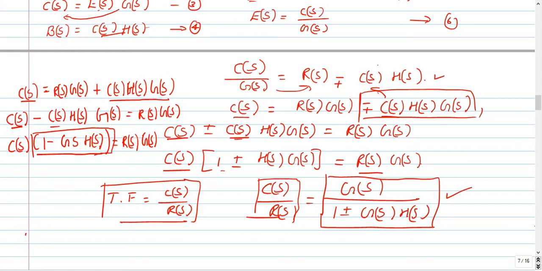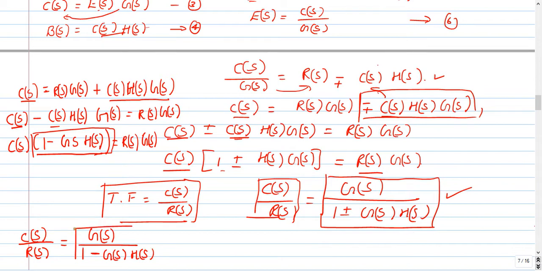So C of S, and R of S I will get to the denominator in LHS. C of S by R of S is equal to, in numerator G of S, in denominator 1 minus G of S H of S.